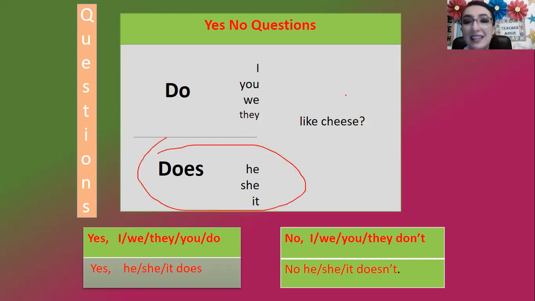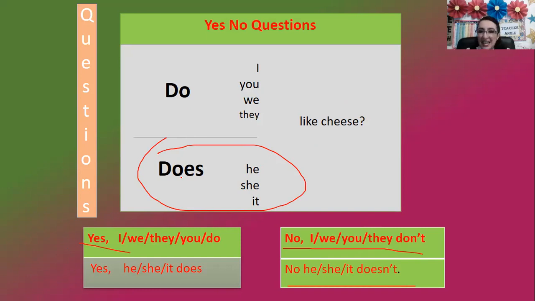Does my dog like cheese? No, it doesn't. Those are the answers to these questions that I have here for you. Yes or no? She does. No, I don't. Yes, she does.